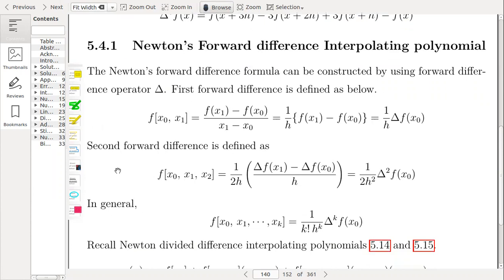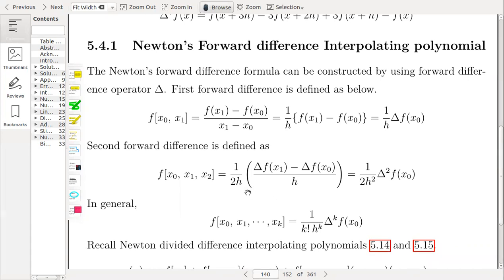So next, if we want to compute the second forward difference, we need 3 points, x0, x1, and x2. And here we make use of the second divided difference formula, and we will have 1 over 2h times delta f of x1 minus delta f of x0 over h.